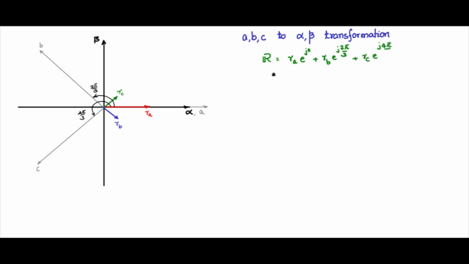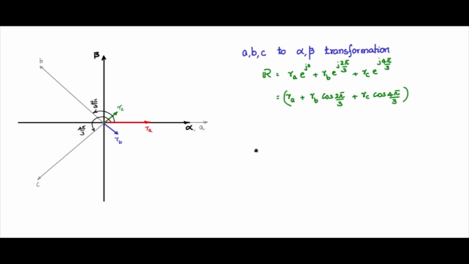So this is the resultant vector R. Now expand that, you have RA plus RB cos 2 pi by 3 plus RC cos 4 pi by 3, plus j times RB sine 2 pi by 3 plus RC sine 4 pi by 3. This is the imaginary part. Now put the values for the cos and the sines.